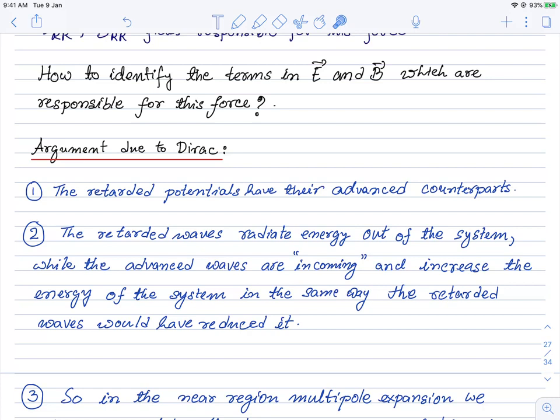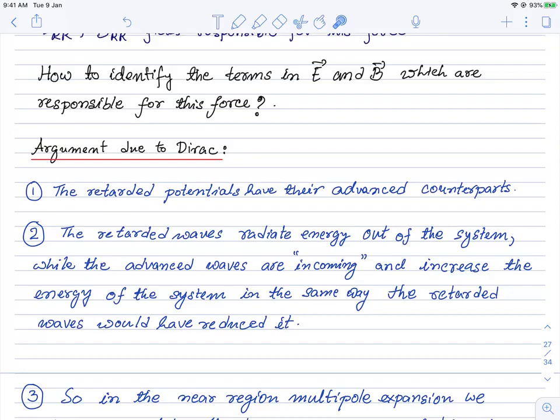On the other hand, the advanced potentials are incoming waves in some sense, and these result in an increase in the energy of the charge configuration, and this increase happens in exactly the same way as the retarded waves lose energy.